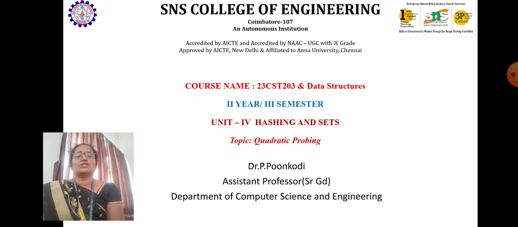The collision resolution strategies are of two types: separate chaining and open addressing. Open addressing again has three methods to solve the problem: linear probing, quadratic probing, and double hashing. In this video we are going to discuss quadratic probing and double hashing.